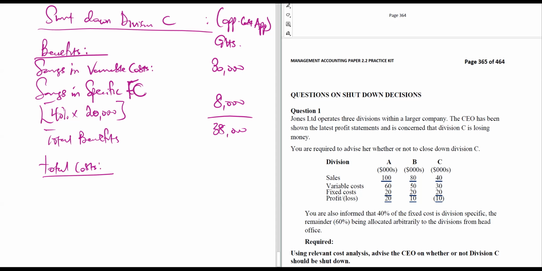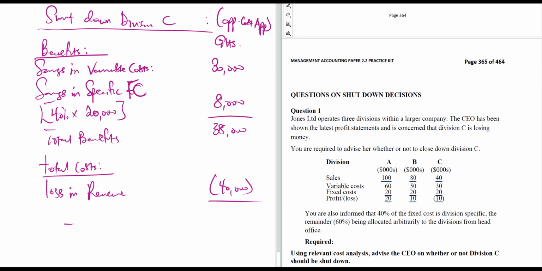What total cost am I going to get? I was earning revenue of 40,000 from that division, right? But if I shut it down, will I earn it again? No, sir. Meaning I'm going to have a loss in revenue of 40,000. So is this going to result in a net benefit or a net loss?